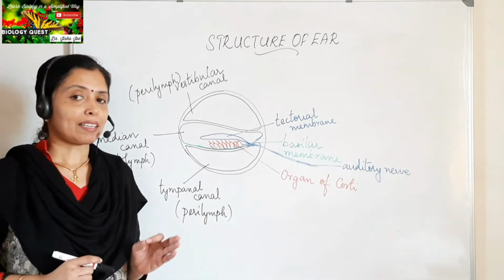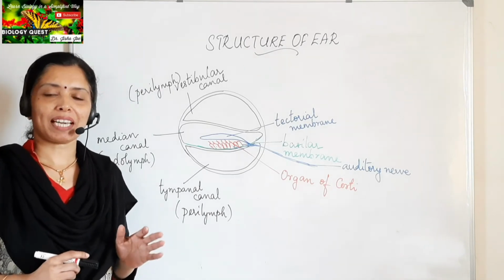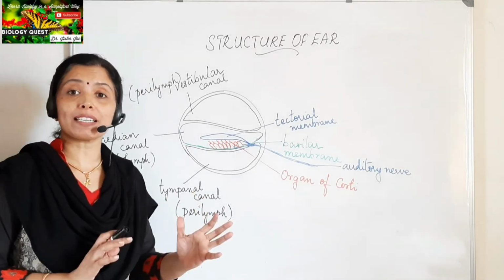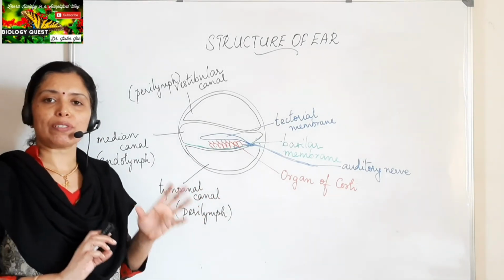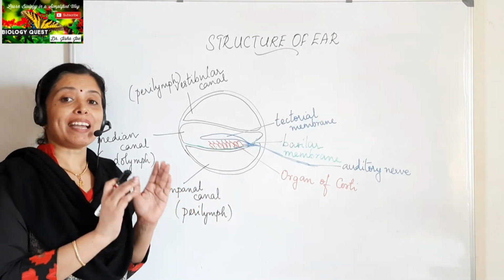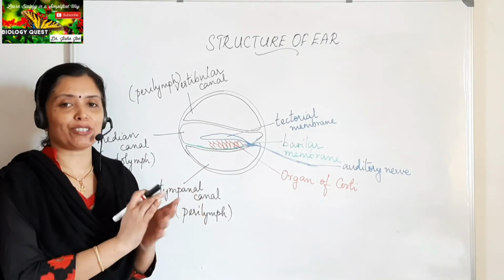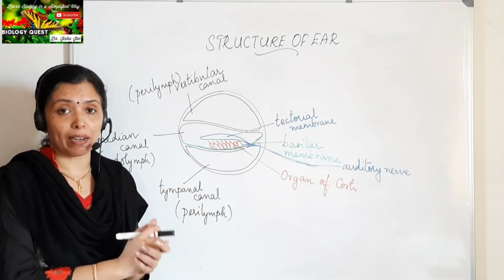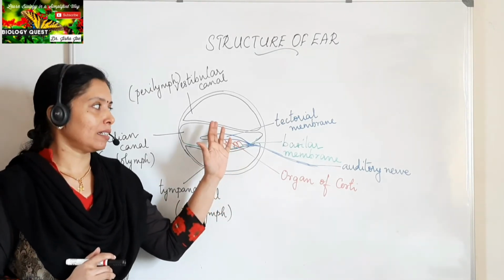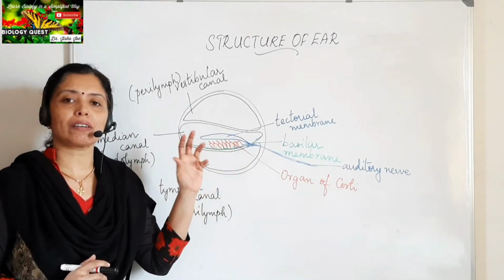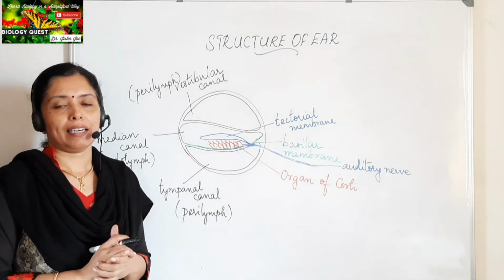Now, which is the second part of the inner ear? That is the semicircular canal. We have seen that there is a set of three semicircular canals in the inner ear, and that one end of each semicircular canal is expanded to form the ampulla. Just like inside the cochlea, the semicircular canal also has fluid inside it.